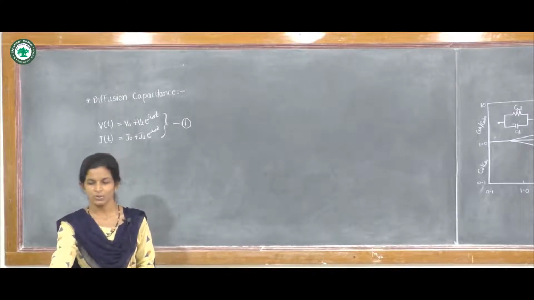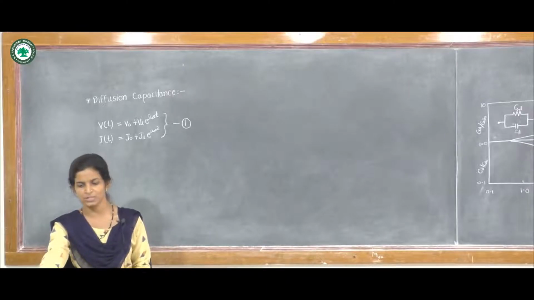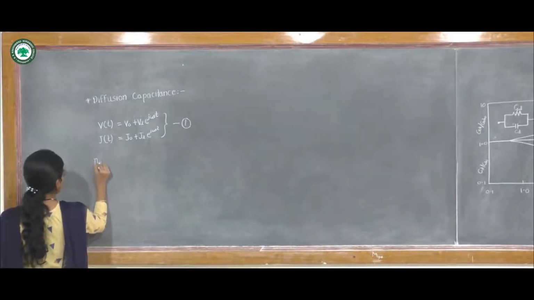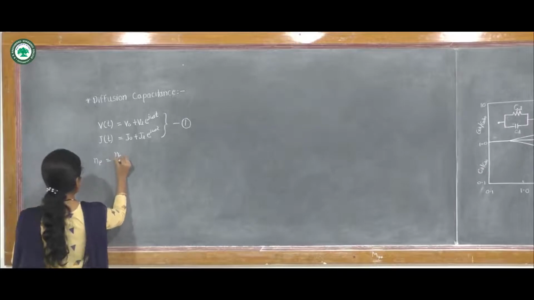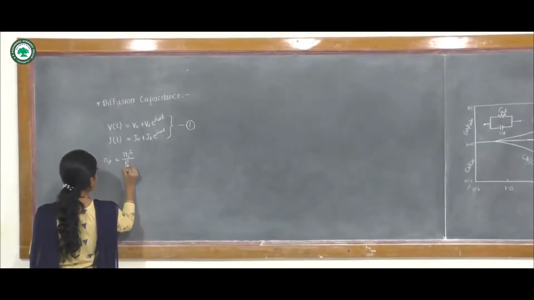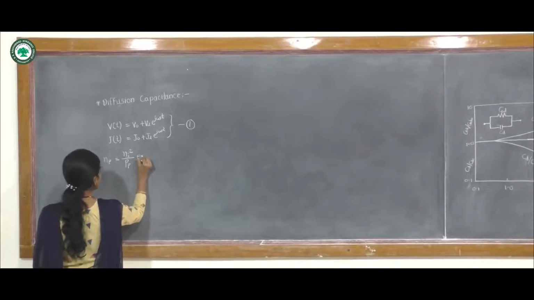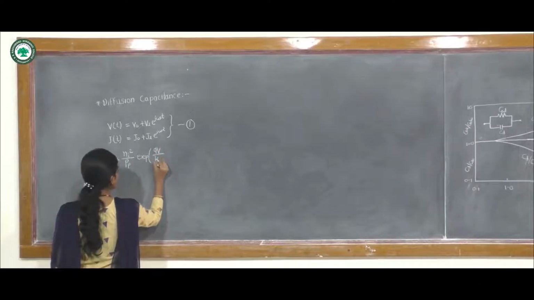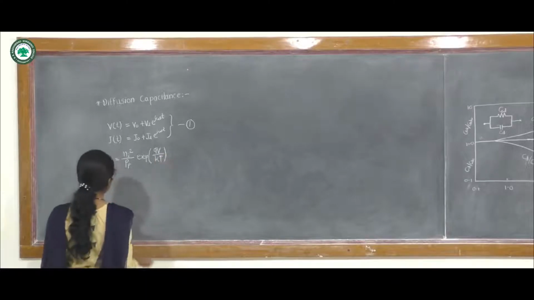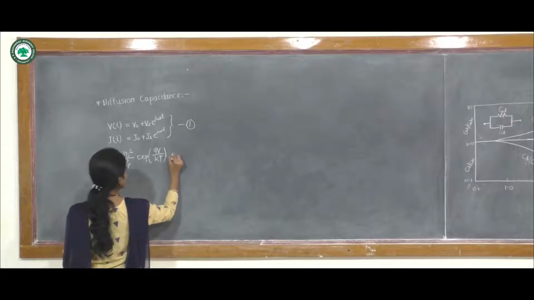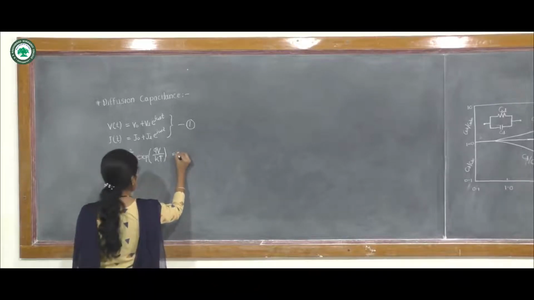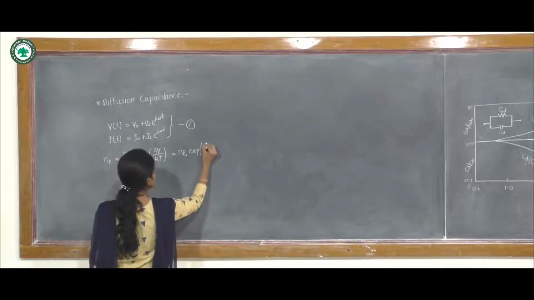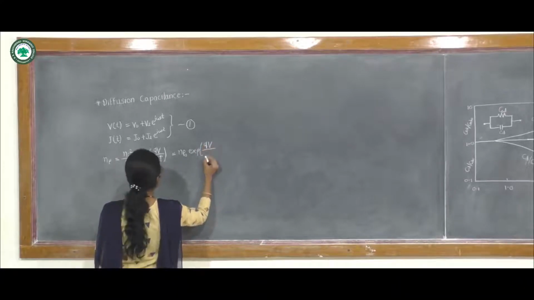The electron and hole densities at the depletion region boundary can be obtained by the equation Np = (ni²/Pp) exp(qV/kT), which is equal to Np0 exp(qV/kT).